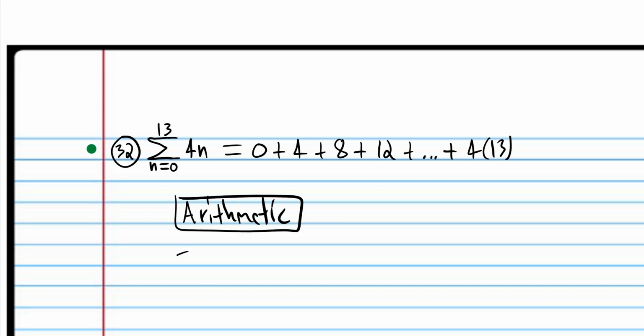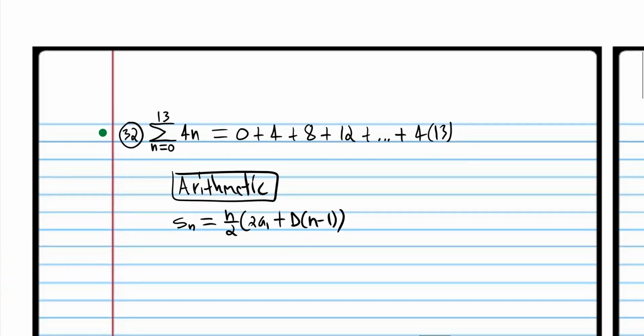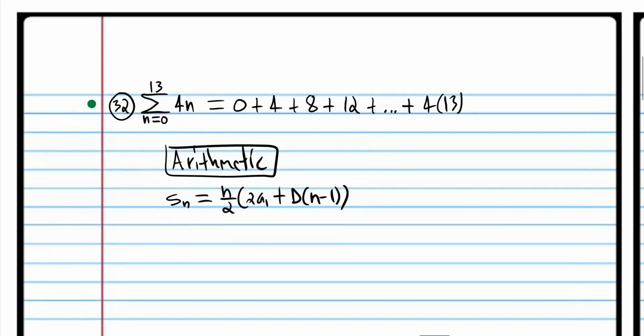And let's write the formula. So how many terms are there going to be? Well, if we consider 0 to be the first term and n were equal to 1, then there'd be a total of 13 terms. But because n is 0, there's going to be 14 terms. So we're adding 14 terms.